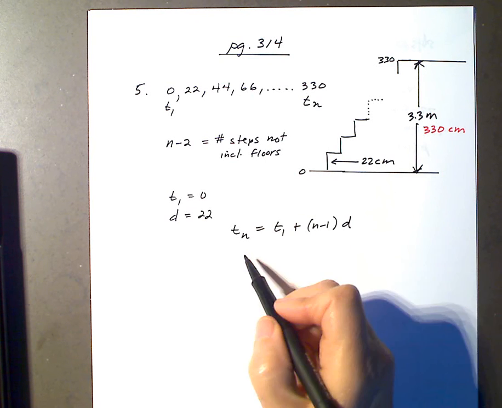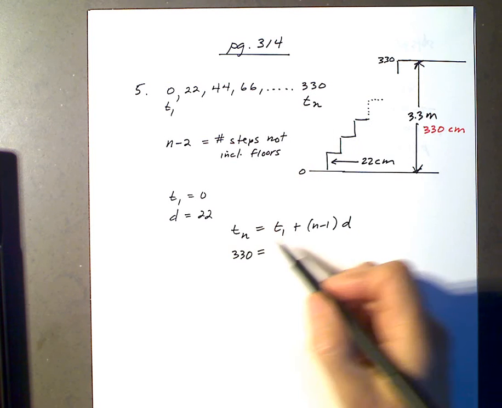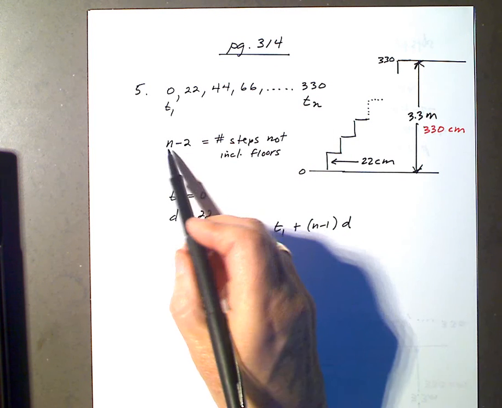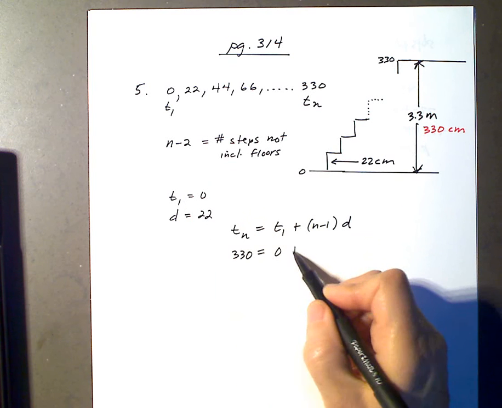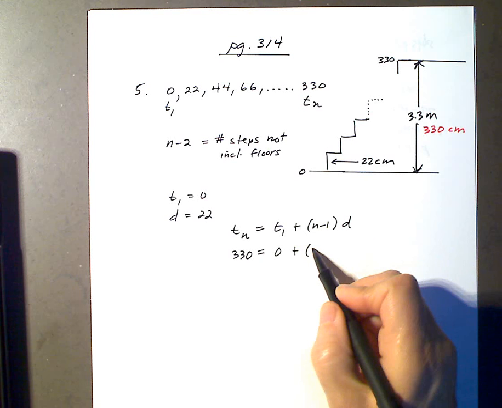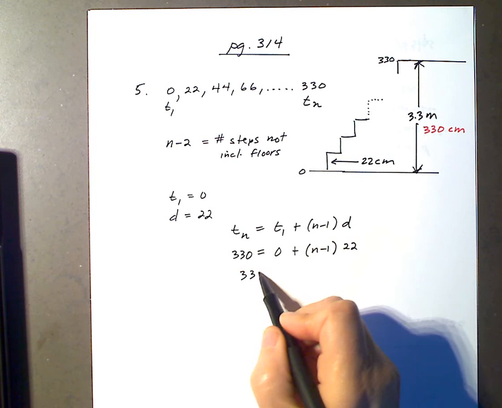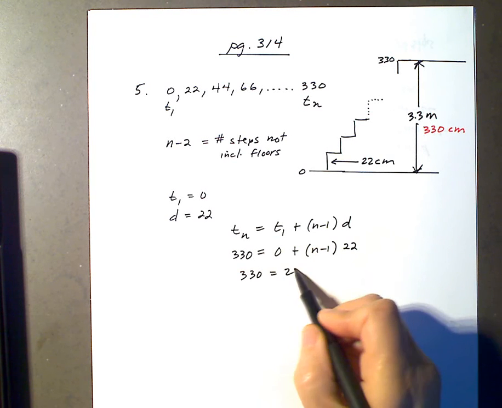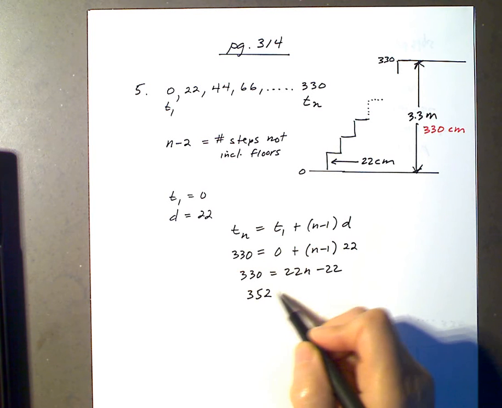So in this case, a height of 330, if I want to know n, that's what I'm trying to find, n, and then I'll find the number of steps as n minus 2, is going to be equal to the first term of 0, which is just the height before you start stepping, plus n minus 1 times 22 per step, equals 22n minus 22, so 352 is 22n.